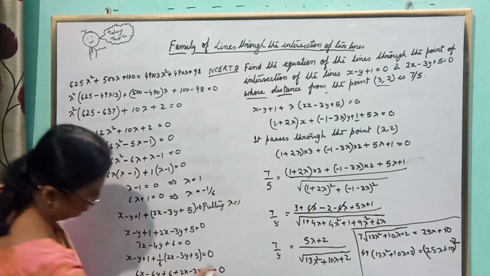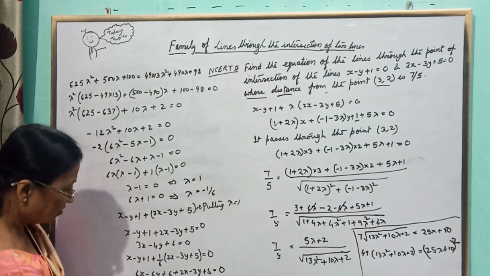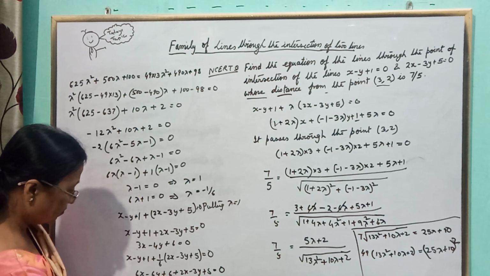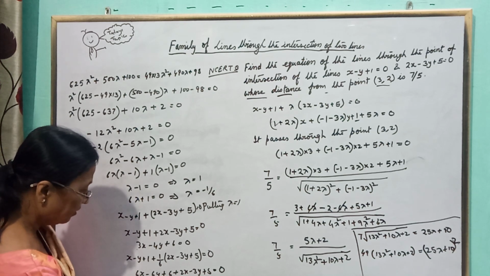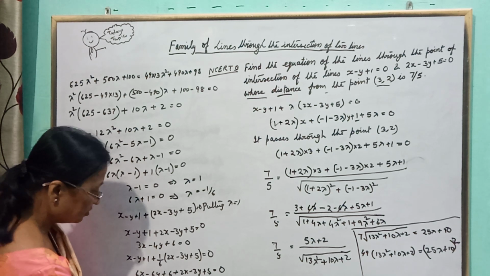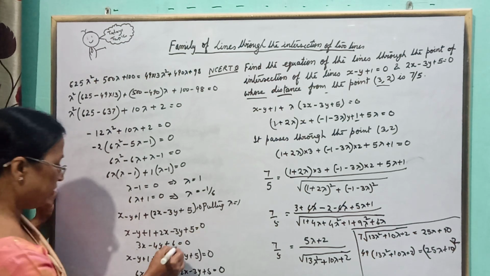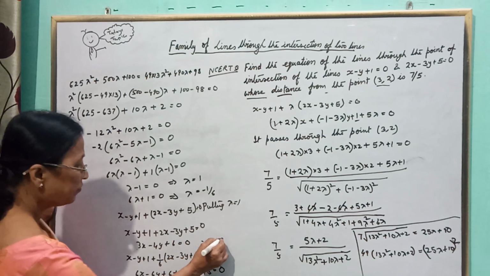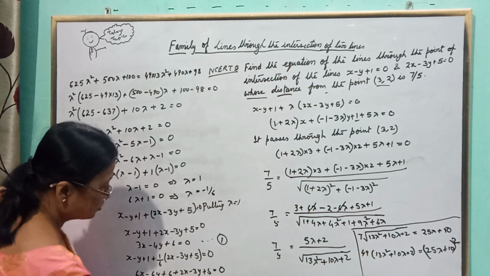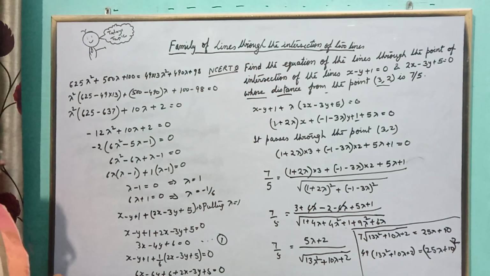So this is 4x minus 3y plus 1, and so on. You are getting two equations, this is 1 and this is 2. You check the arithmetical part here.